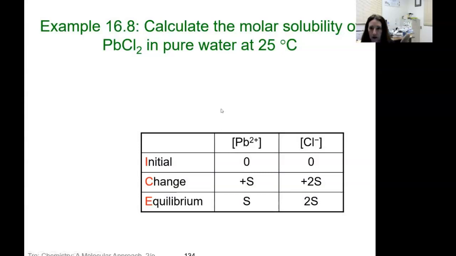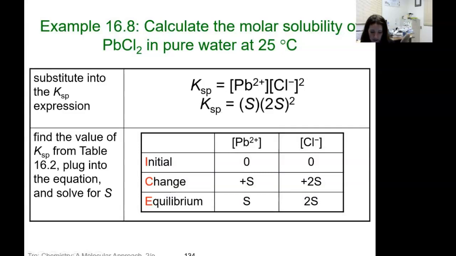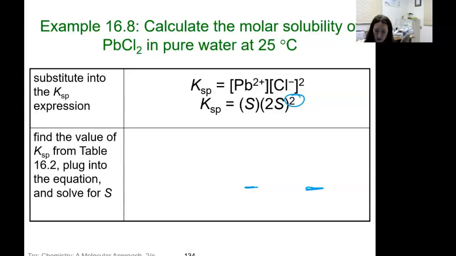So now, when we put that in, we have S times 2S squared, right? So we have our KSP, and we're going to find our KSP on the table in just a second.